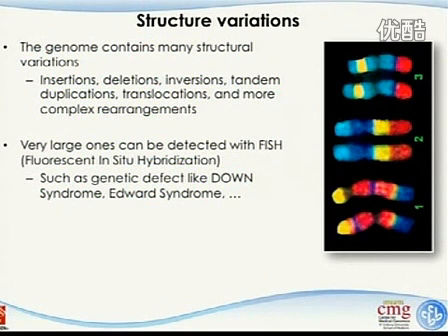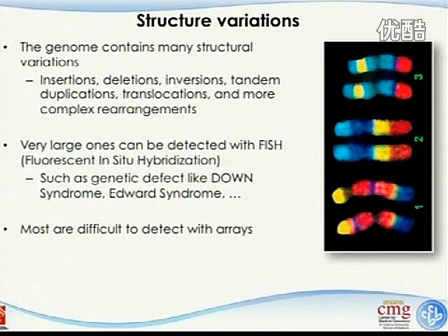But for very large ones, you can detect them with FISH. FISH is fluorescence in situ hybridization, and we know that for genetic testing, in Down syndrome you've got 3 copies of chromosome 21, and in Edwards syndrome, 3 copies of chromosome 18. So those large structure variations, you can identify using this FISH technology.